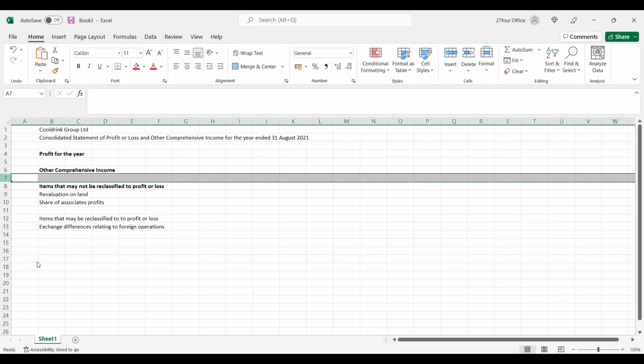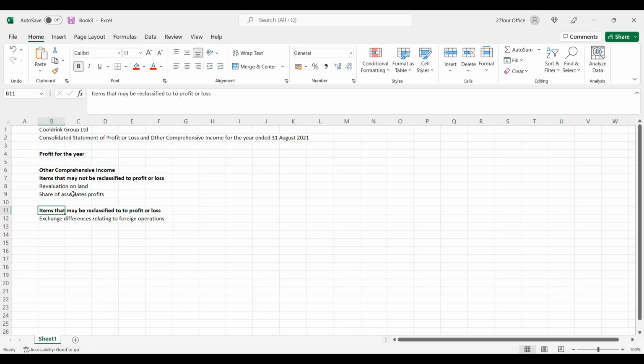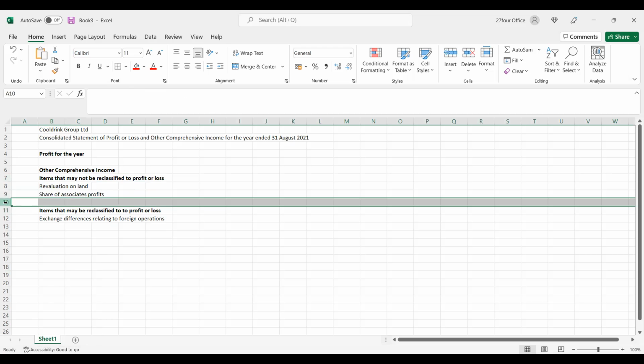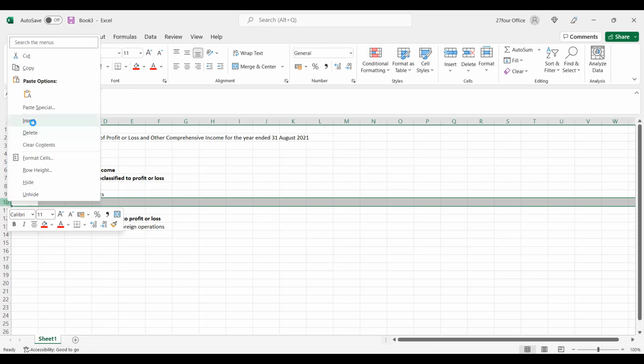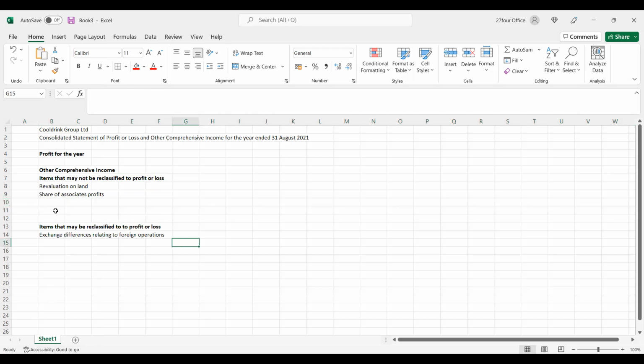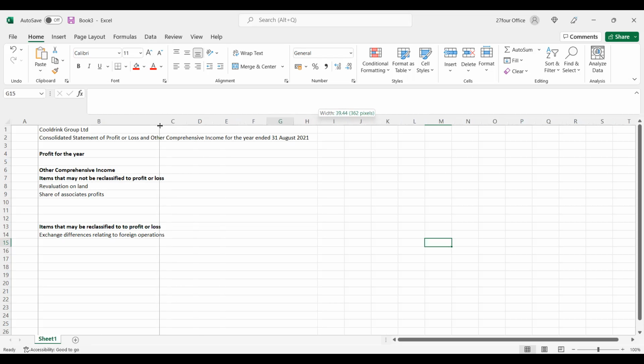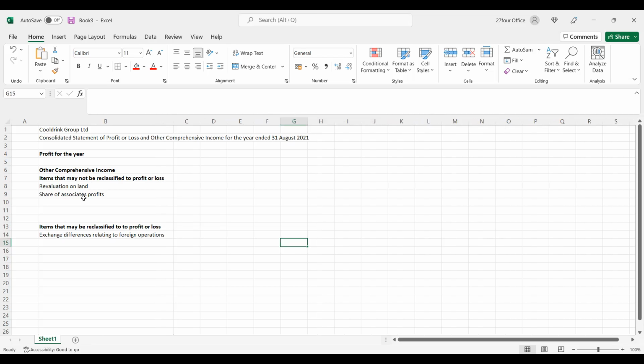Let's just remove that. Let's make that also bold because it's a heading. You want to leave some spaces just in case there are more line items. So I'm going to leave a space, and then we're going to have this.